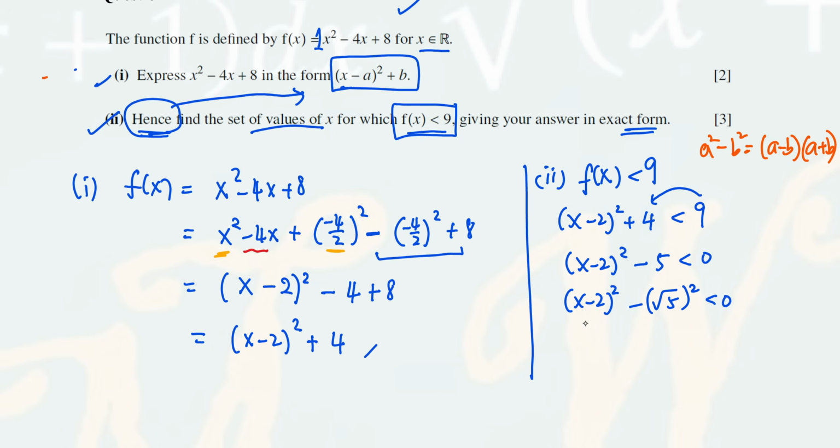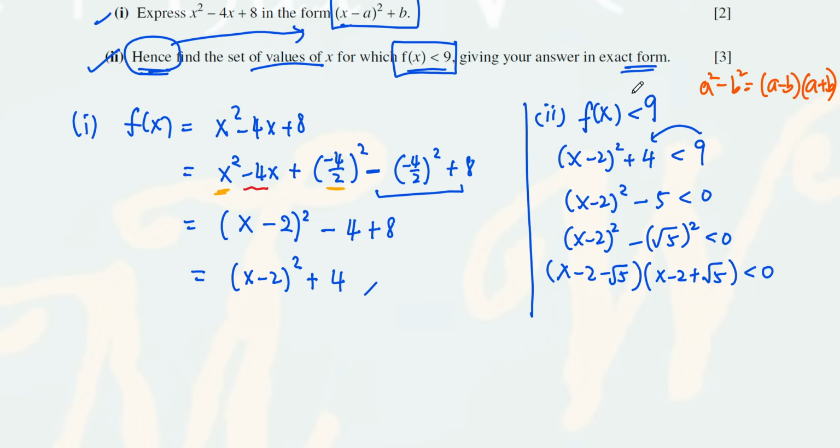So your a is basically x minus 2 and the b is square root 5. Then after you apply this formula, it will be (x minus 2 minus square root 5), that is my a minus b, times (x minus 2 plus square root 5), that will be my a plus b, and less than 0.